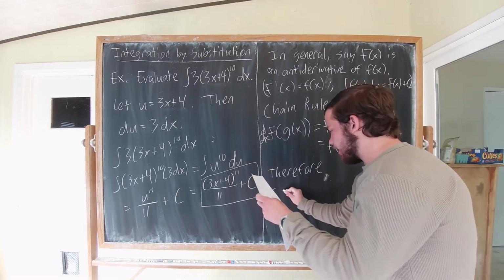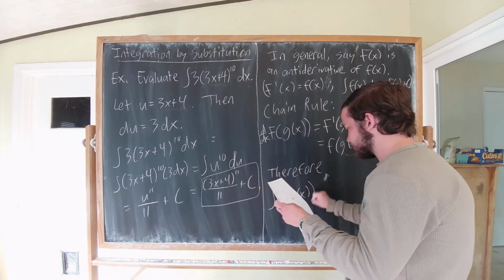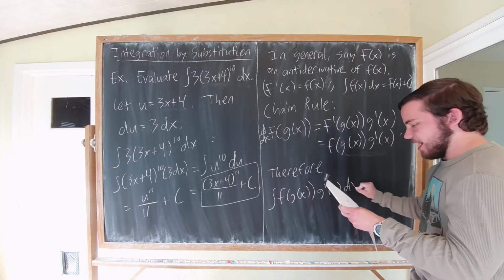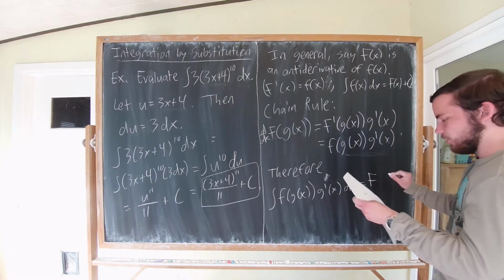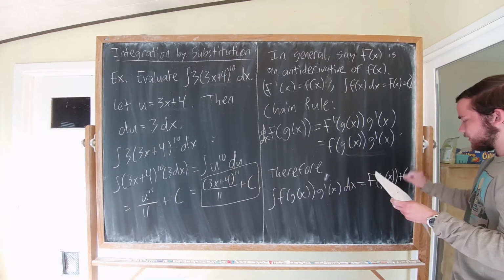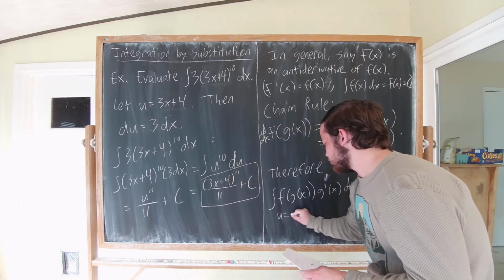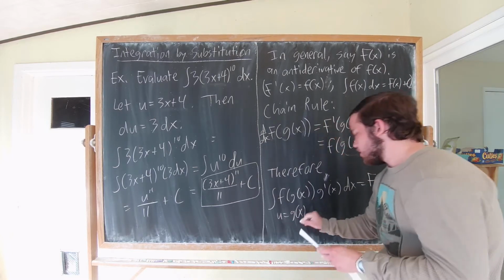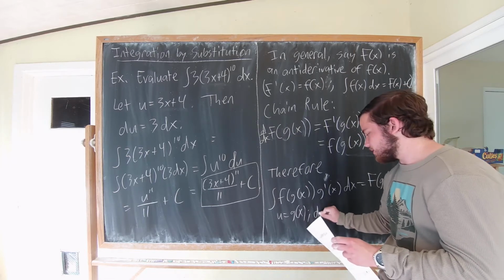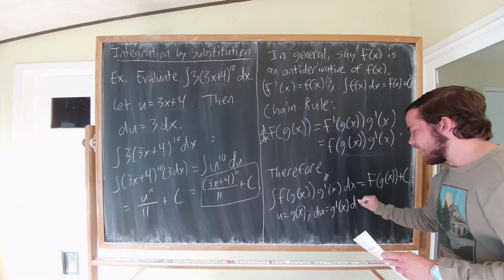So the integral of little f of g of x times g prime of x dx is equal to capital F of g of x plus c. Under the substitution u is equal to g of x, well, in this case, differential rules tell us du would be g prime of x dx.